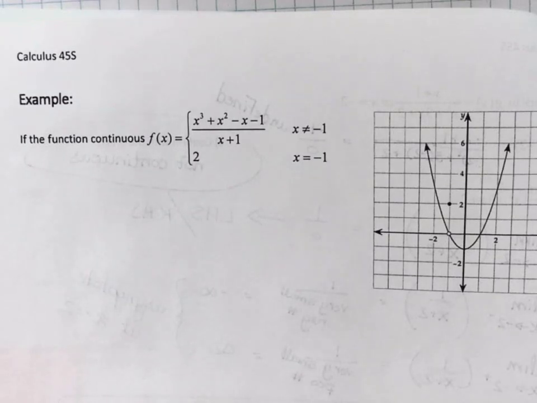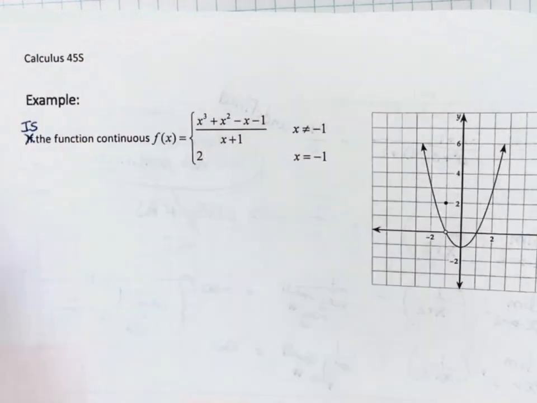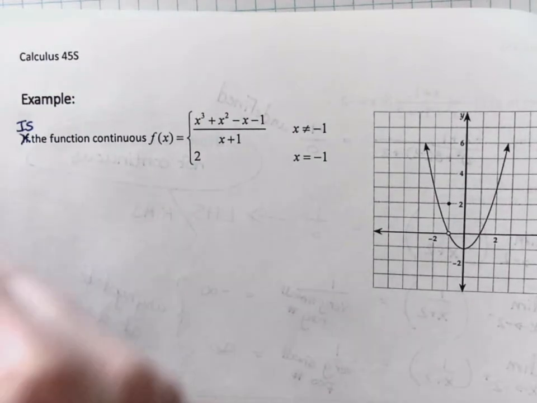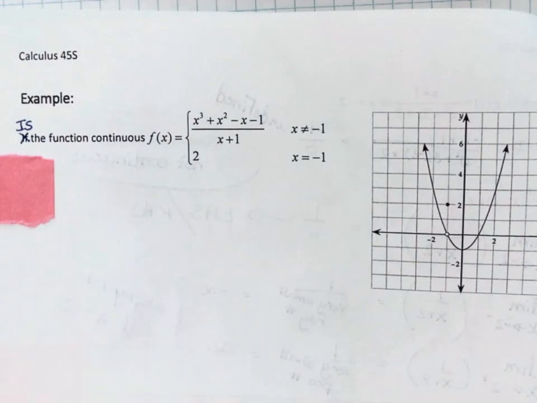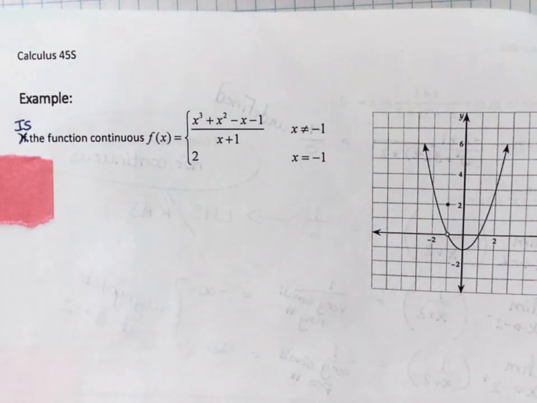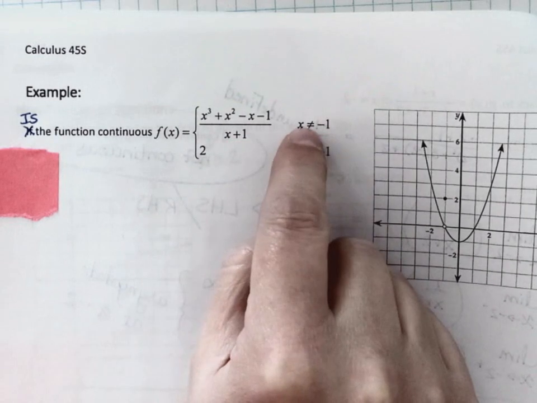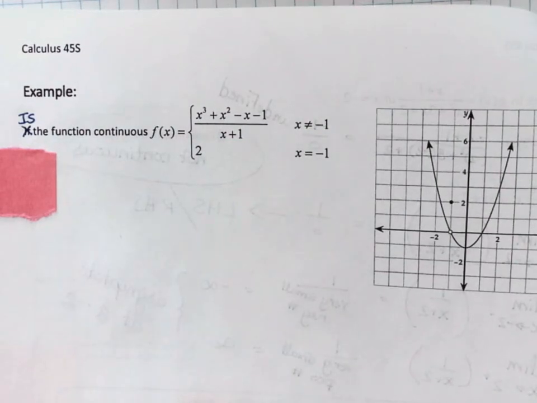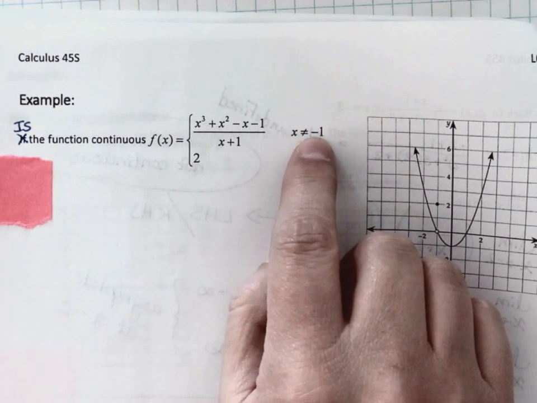Given this function, and this is a weird one. Is the function continuous? It says I've got this rational function happening here. Everywhere my domain is negative infinity to positive infinity, except I don't want it to exist at -1.